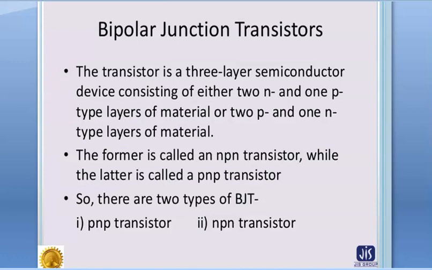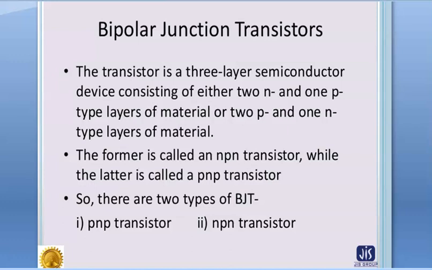Now, this type of transistor is made up from semiconductor. In the previous lectures we have already studied what is semiconductor and n-type, p-type semiconductor, etc. Now in this type of transistor, any one type of semiconductor is sandwiched between other type of semiconductor.